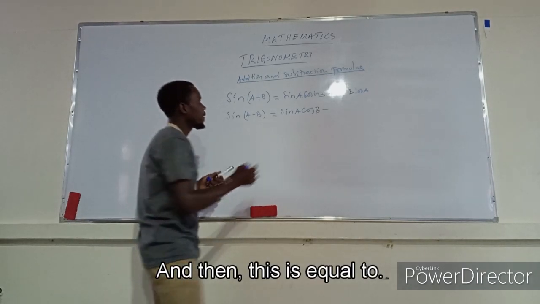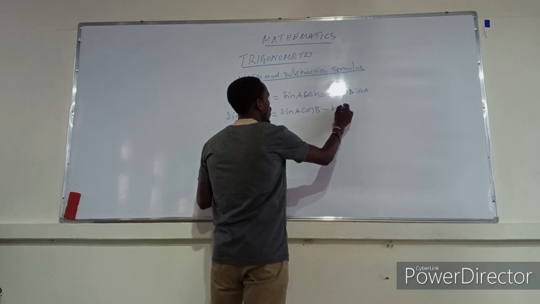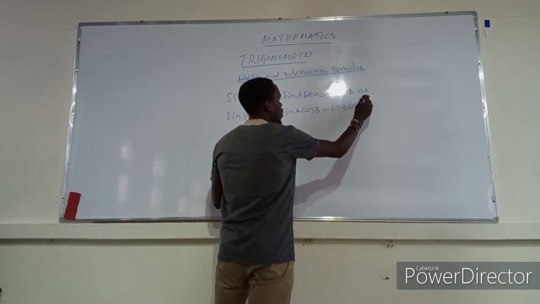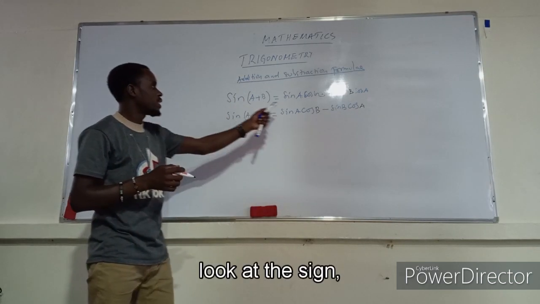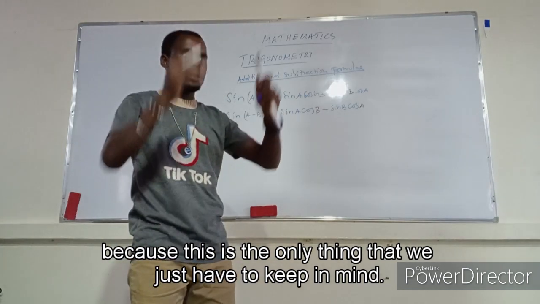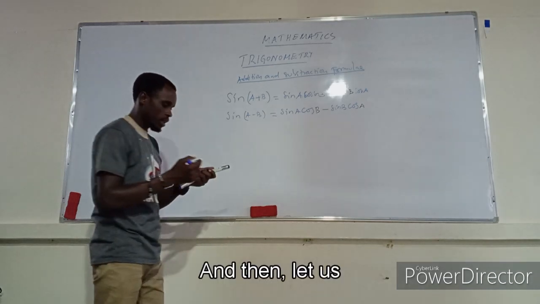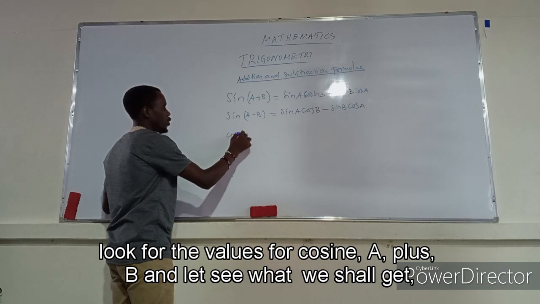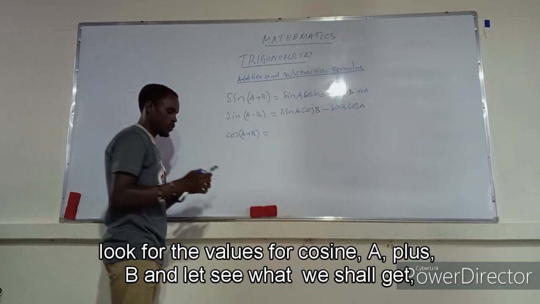And then this is equal to sine of angle B cosine of angle A. Look at the sign, because this is the only thing you have to keep in mind. And then let us look for the value of cosine of A plus B, and let's see what we shall get.